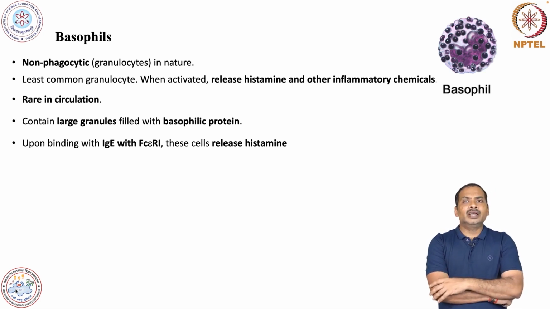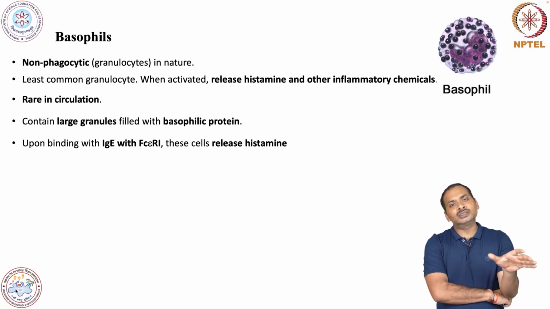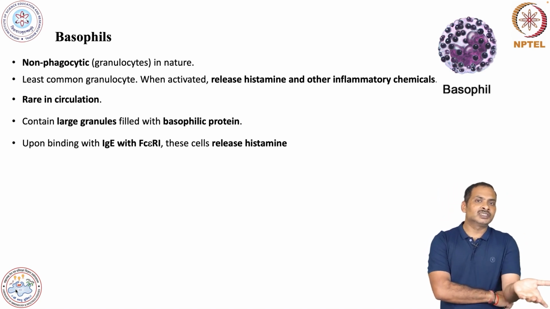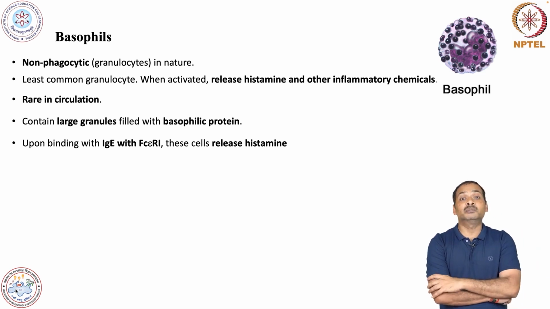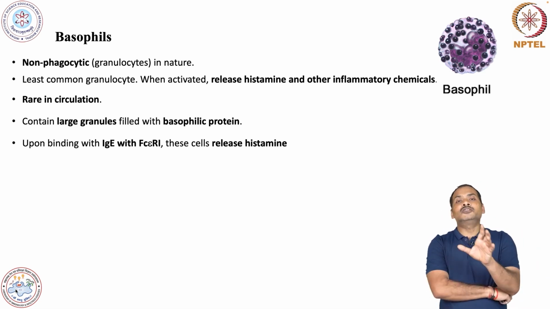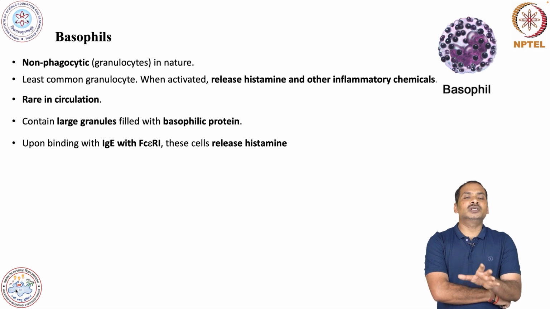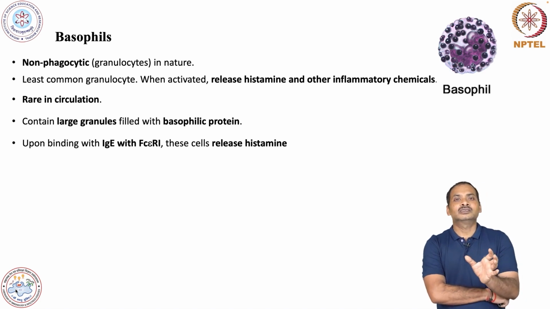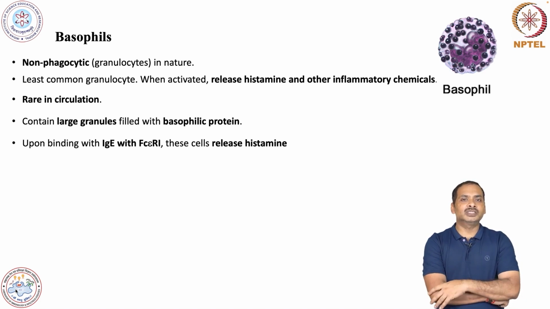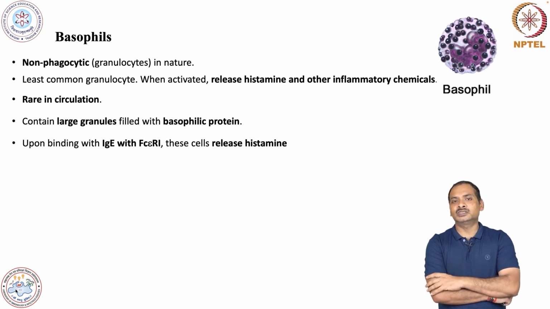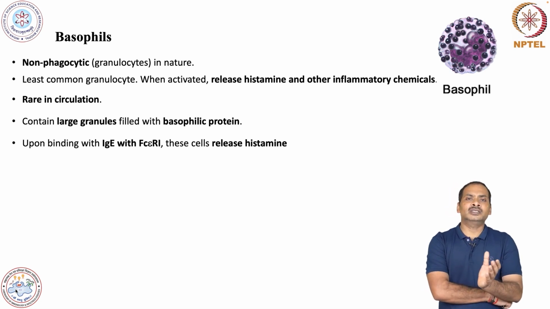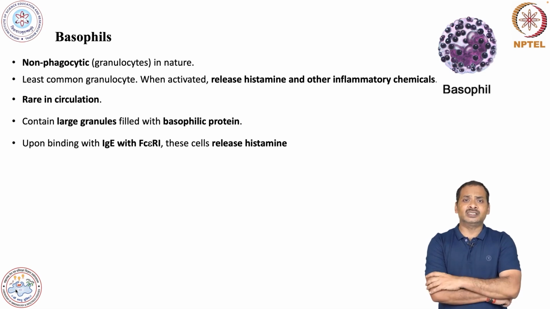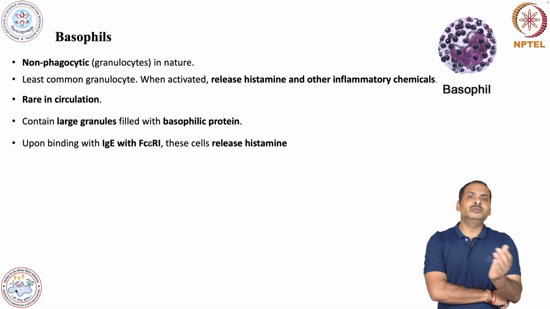Once this antibody binds on the surface of the basophil or eosinophil, or later you will see that this receptor is also present on the mast cell, it will release histamine. A small amount of histamine is good, but a large amount of histamine induces disease-like conditions, or causes immunopathology.